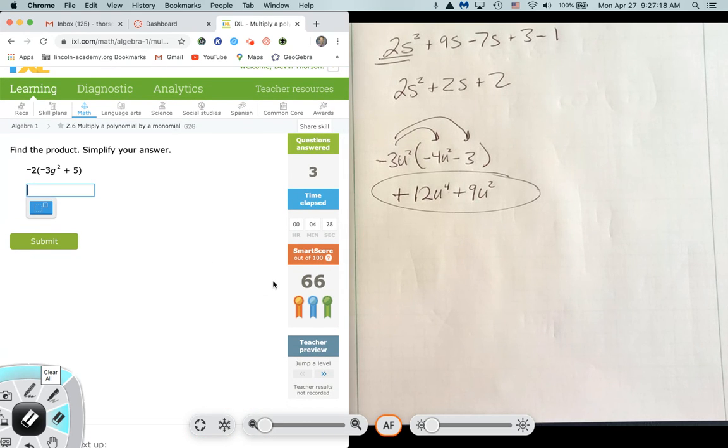So here, let's do one more and we'll call it good. A negative 2 times a negative 3 is going to be a positive 6, so don't put the plus symbol in front of the first one. There's no extra g's times the g squared, so that's going to be a g squared. Total of 2 g's. And then I have a negative 2 times a positive 5, that's going to be a negative 10.